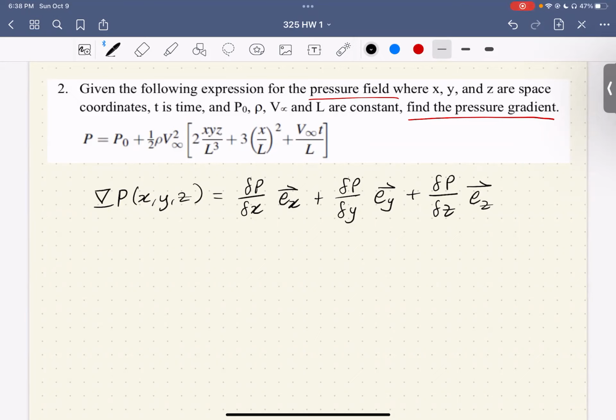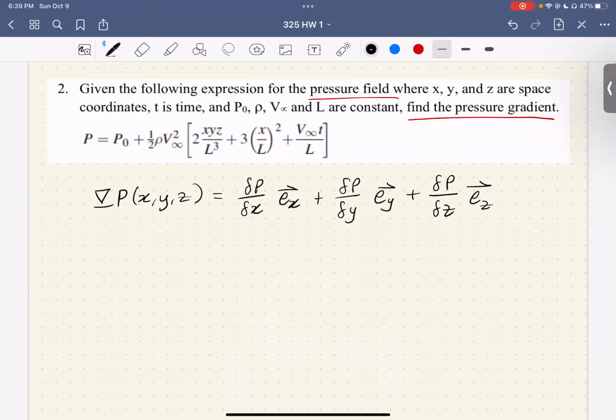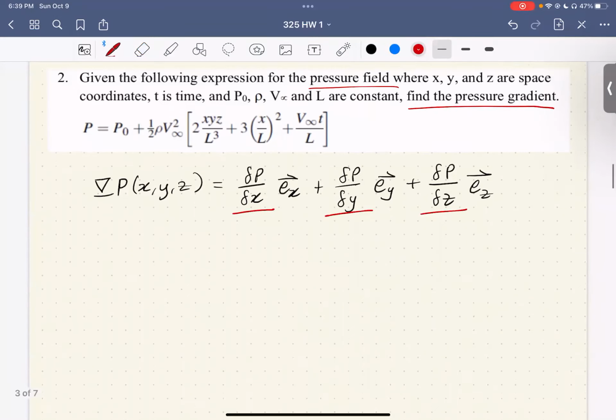You're basically taking the partial derivative. I know this notation can be confusing, but in the end, you're just taking the partial derivative of a function. Or you just could be taking the derivative of a function, right? So it's really similar. So don't be too afraid of this notation. So that means we need to find, like last time, 3 partial derivatives, put them back into this equation, and you're done.